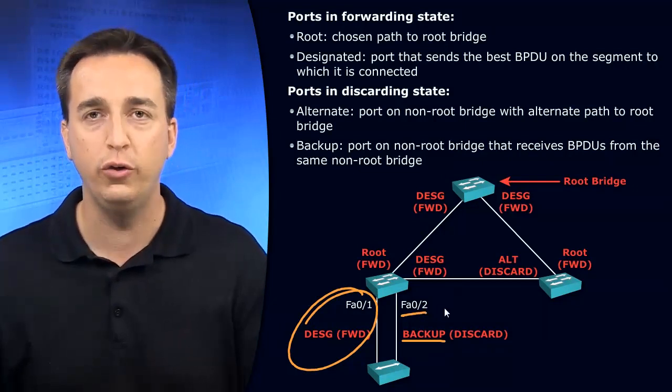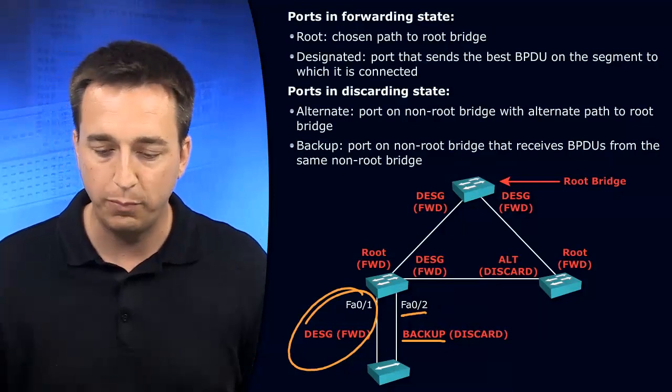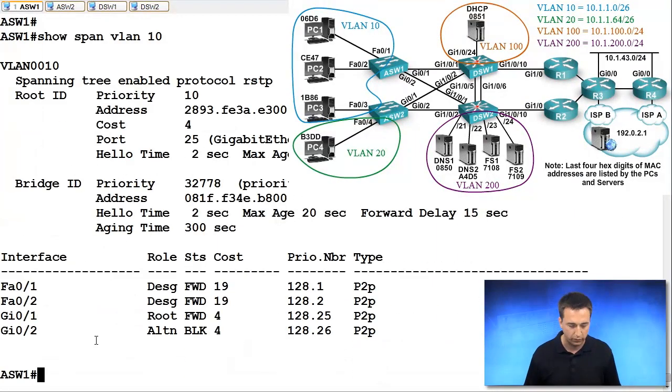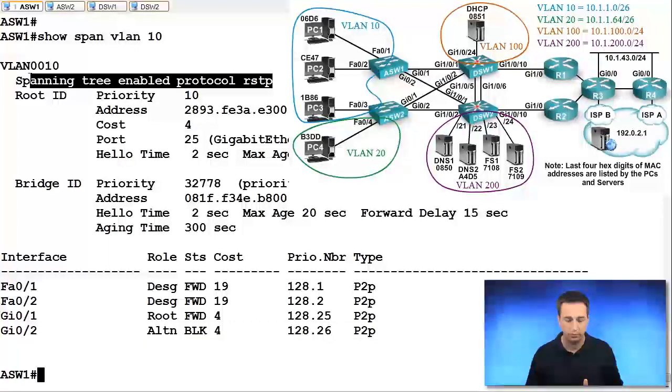Let me show you these two port roles in a live topology. On ASW1, let's type in show span for VLAN 10. Let's see if we have any blocked ports for VLAN 10, and we do. There's an alternate port for rapid spanning tree protocol. So we are using rapid spanning tree protocol.